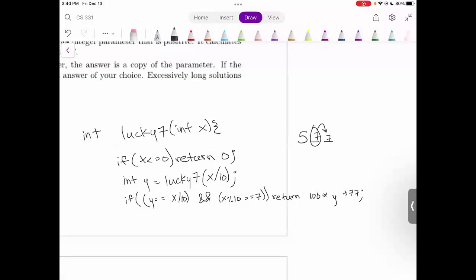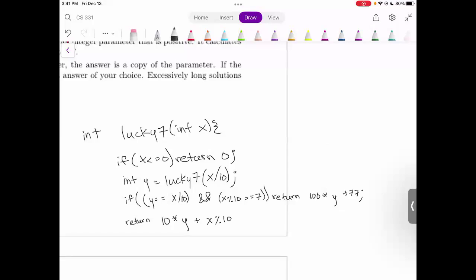If it's not though, if it's not the first 7 we got to, then we say return 10 times y plus the last digit that we held, right? Essentially returning the same number.